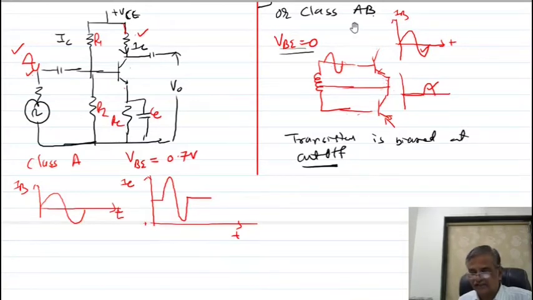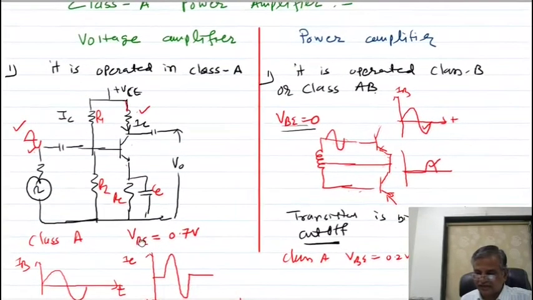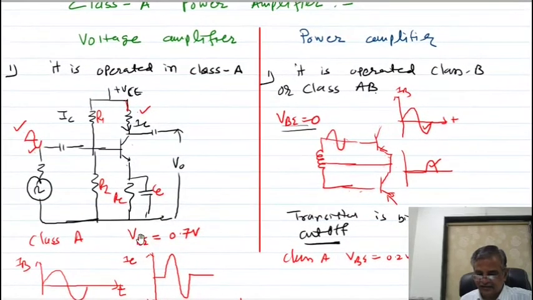It is called class AB. For class AB, generally VB is kept slightly at 0.2 volt or 0.15. So I think you understand what is class A, class B, class AB.